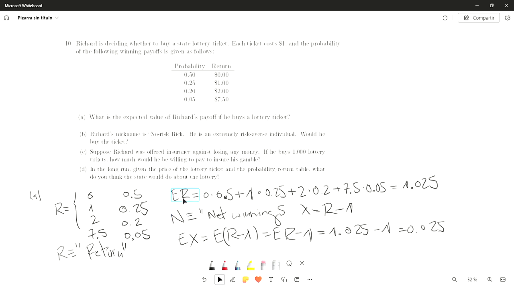Now, the expected value will be 0 times the probability, plus 1 times the probability, plus 2 times the probability, plus 7.5 times the probability, which is equal to 1.025. And that's the expected value of the return.